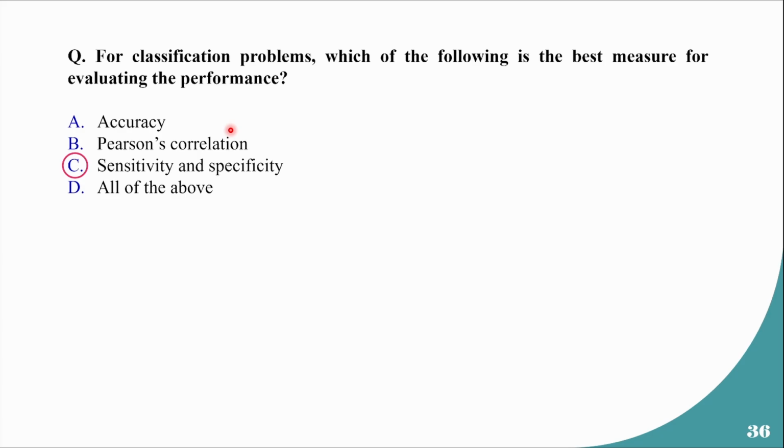Wherever you have a classification problem and you need to divide the data points into different classes, classes with minority populations are not always correctly adjusted for. So in that case, accuracy a lot of times does not give the best evaluation, but sensitivity and specificity do. So in those cases, these parameters are taken into account.